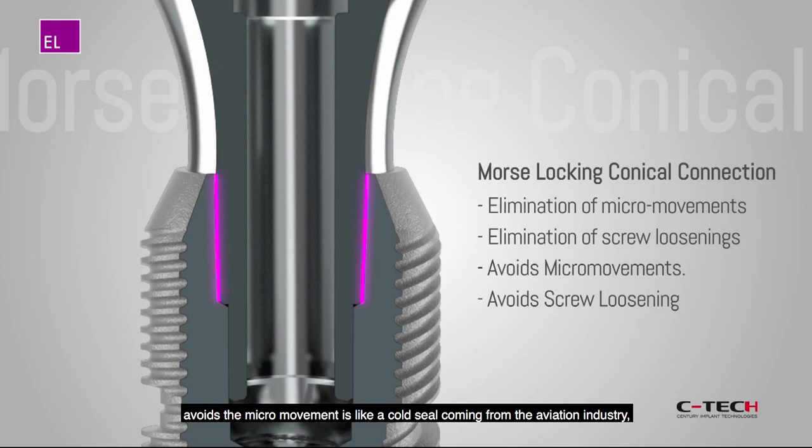It is like a cold seal coming from the aviation industry. The gap is smaller than a bacteria, and therefore does not allow the pus from the internal life of the implant to get out into the mouth cavity, and the other way around.